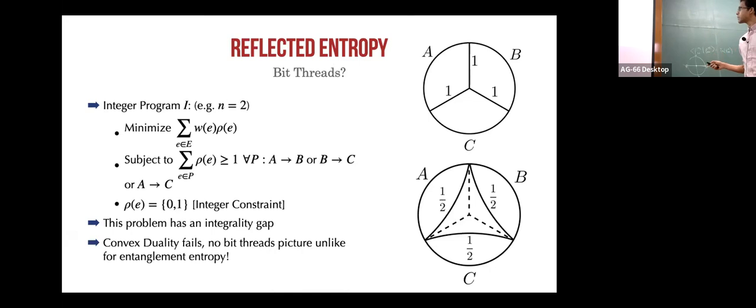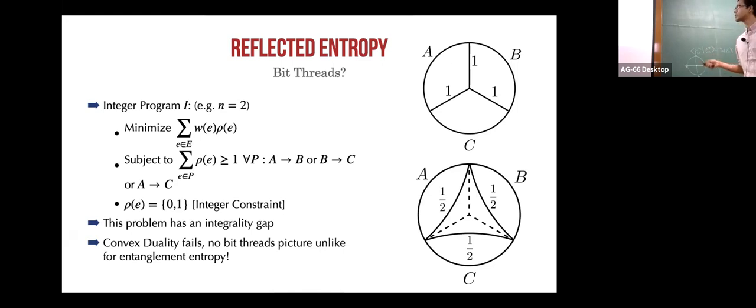But what happens in that bit threads picture is now rho can be anything which is non-integer. And so the minimal energy configuration takes the following form, where the tri-way cut basically breaks out into branes that sit at the extremal surfaces. So instead of having weights 1, now they split into two things that have weight half. This happens if you relax the integer constraint. And this is precisely the triangle sort of state.